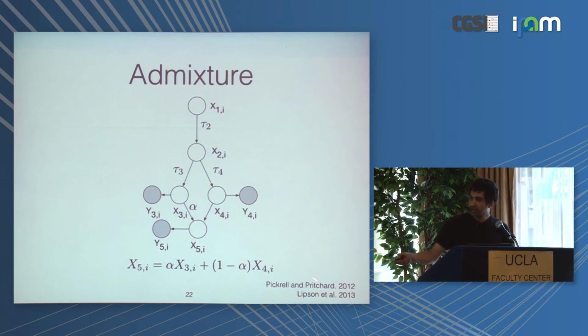People have been looking at these kinds of models more recently. Things turn out to be much more complicated when you have admixture. Now you've gone from a tree to what's called a polytree, and this increases the computational complexity of the likelihood computation.